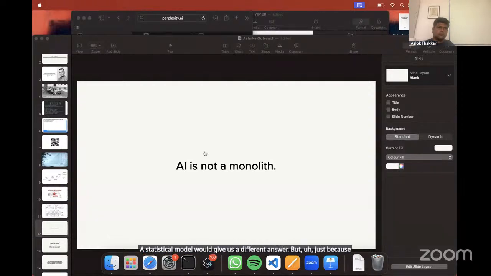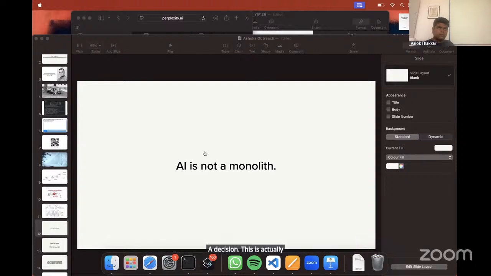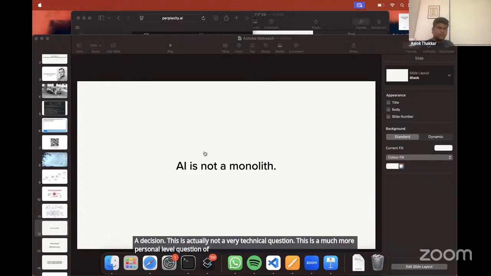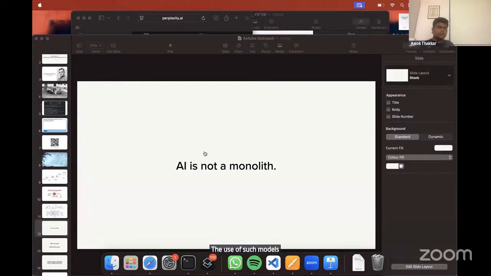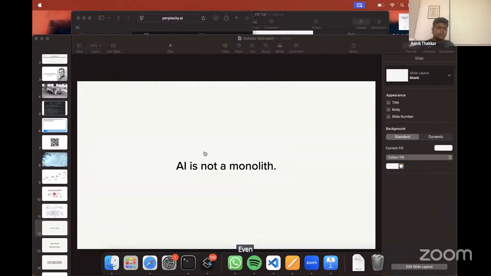Just because you feel there is a black box and you do not know where the decision is coming from, it's better to take a decision yourself. This is actually not a very technical question. This is a much more personal level question of how one should approach the use of such models. And that's why I'm asking: would you rather take a decision about how you certainly feel about a problem, even though a statistical model would give you a different answer?